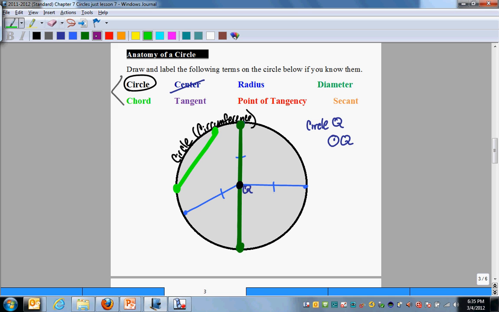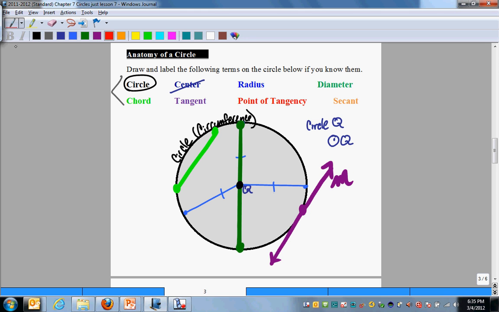A tangent goes through a single point on the circle. So if we have a single point, this line here, let's call this line M. Line M would be considered a tangent.